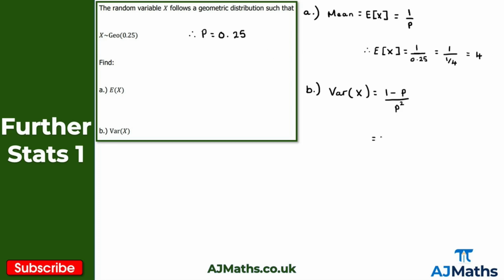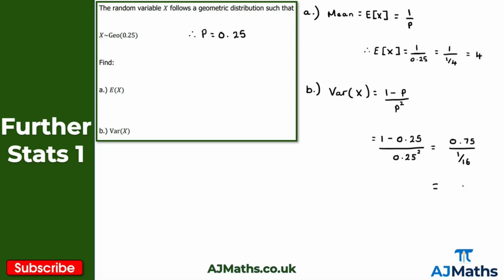So I've got 1 minus 0.25, and then we divide this by 0.25 squared. 1 minus 0.25 would be 0.75. This would be over 0.25, which is 1 over 4, so if you square that, that would be 1 over 16 in the denominator.